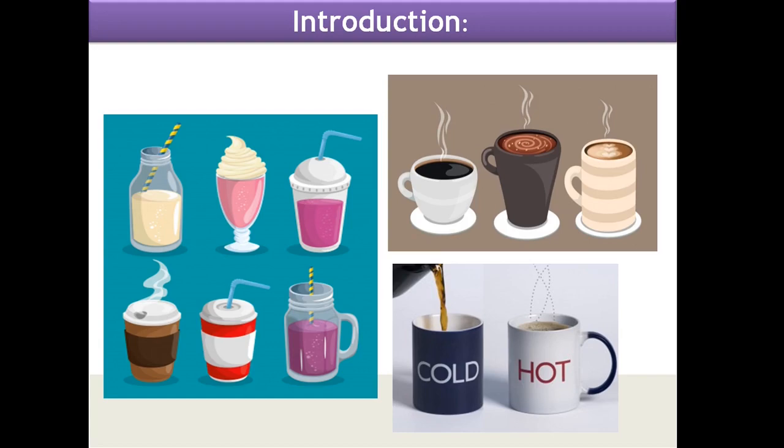Like that, if you see some objects like ice cream, fruit juice, we can say that they are cool. And if we see coffee, tea, etc., we can conclude that they are hot. Sometimes we know some objects are hotter than others, while some are colder than others.